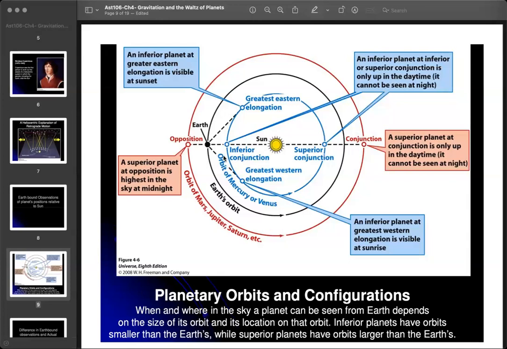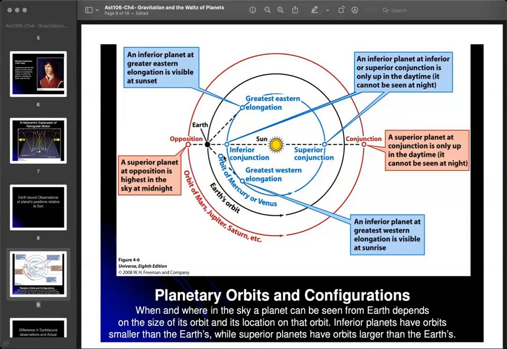There's only one conjunction, but on the other side, on the outside of the Earth's orbit, it comes and intersects with the dashed line. That one is called opposition. Why is it called opposition? It's called opposition because, as you will see, at that time, the planet is opposite to where the sun is.